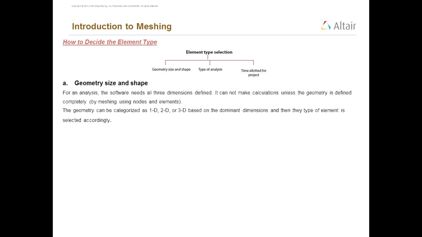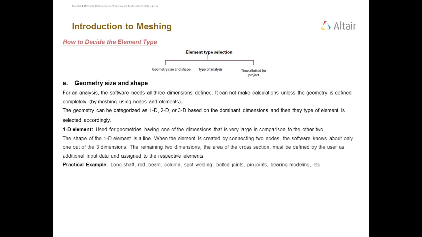So for an analysis, the software needs all 3 dimensions defined. It cannot make calculations unless the geometry is defined completely by meshing using nodes and elements. So the geometry can be categorized as 1D, 2D or 3D based on the dominant dimensions, and then the type of the element is selected accordingly.